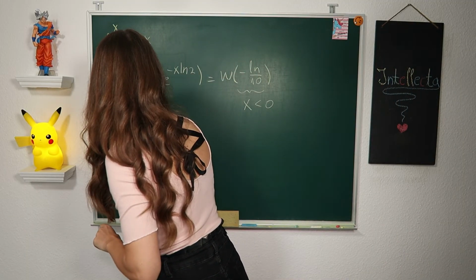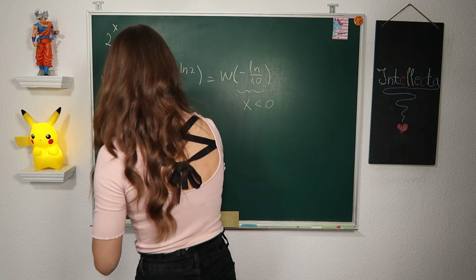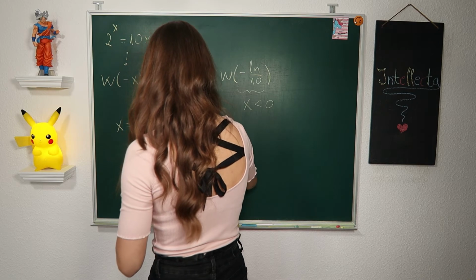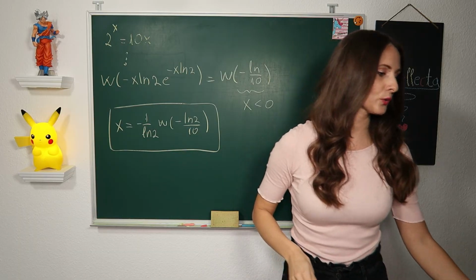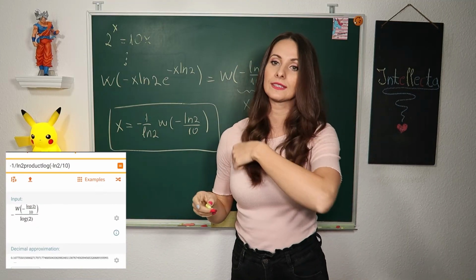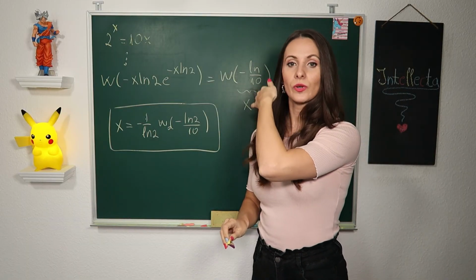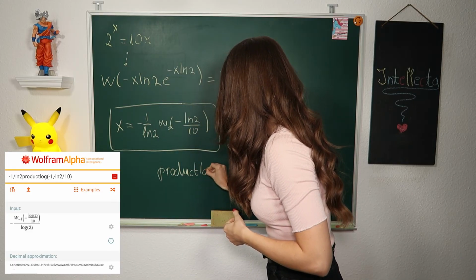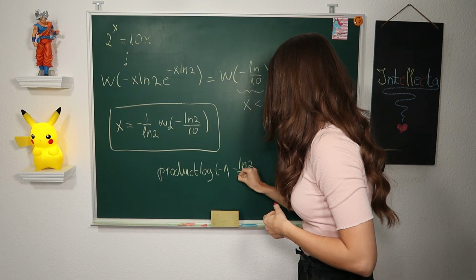And our solution x is equal to negative 1 over ln 2 times W of negative ln 2 over 10. So this is our x. Now this first x you get is for the W sub 0, so you can enter this same equation and you will get the value for the branch W sub 0. If you want to get it for W sub negative 1, you will have to enter ProductLog, once again, ProductLog of negative 1 comma negative ln 2 over 10.